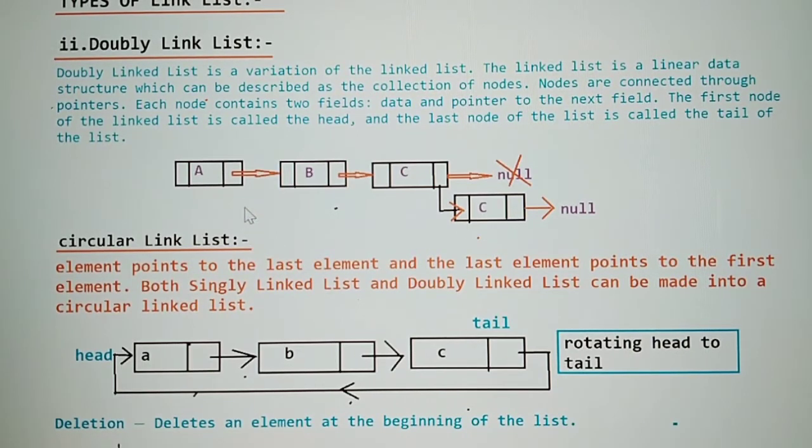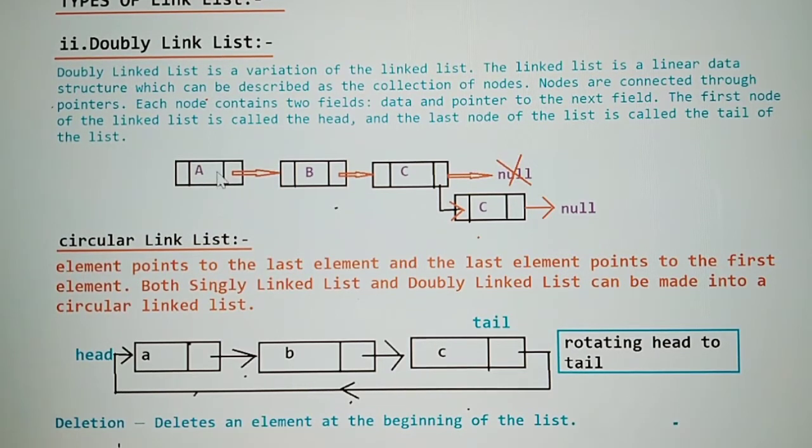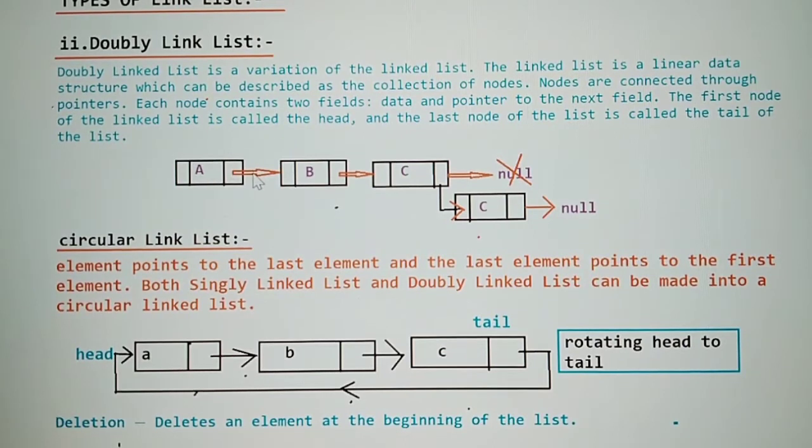So guys, a doubly linked list basically looks like this type. You can see the A data, and this is the position that contains the location of the next data. Here is the location of the next data, and that is the location of the next data.